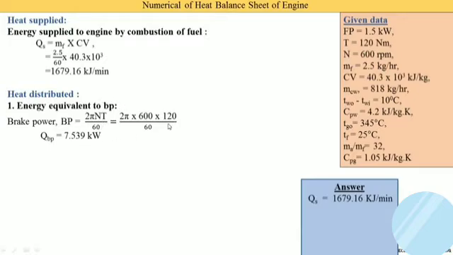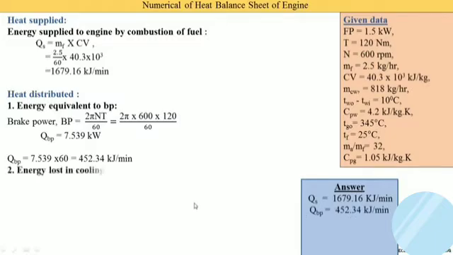So the heat energy in brake power is 7.539 into 60, which is 452.34 kilojoule per minute. Why do we find kilojoule per minute? Because in the example they say to find it in kilojoule per minute. So Q brake power is 452.34 kilojoule per minute.